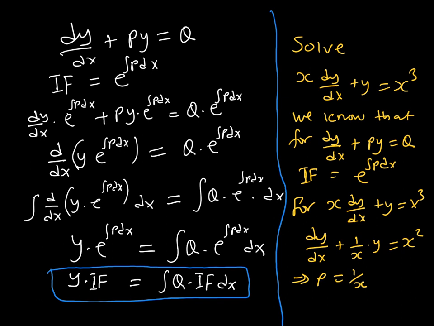So the integral of 1 over x dx will be the natural logarithm of x. You don't need to include a constant at this stage because it cancels out from both sides.